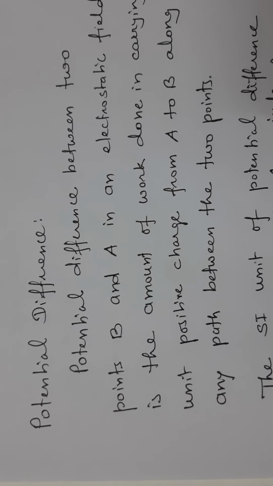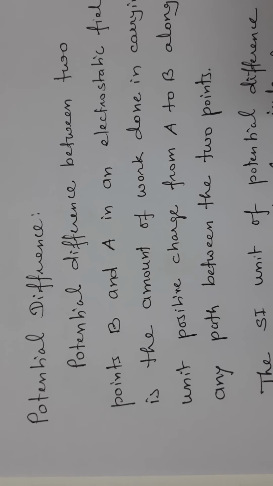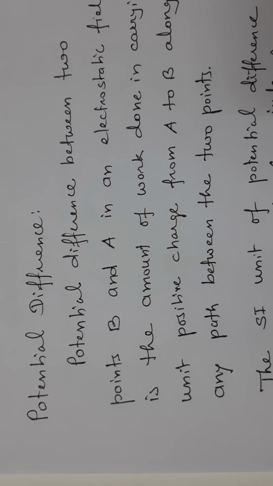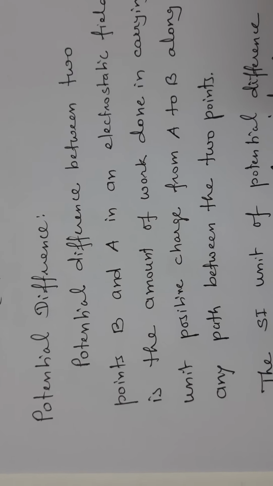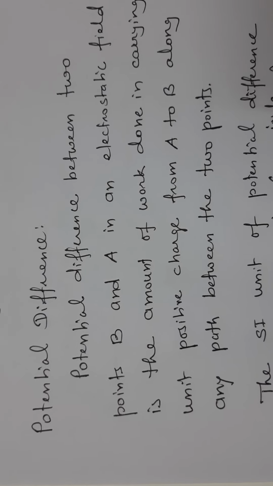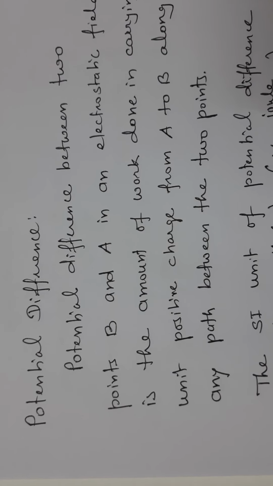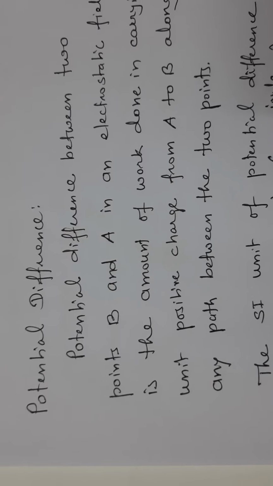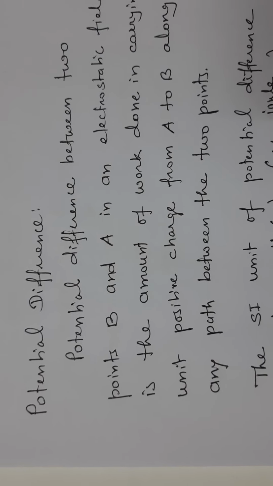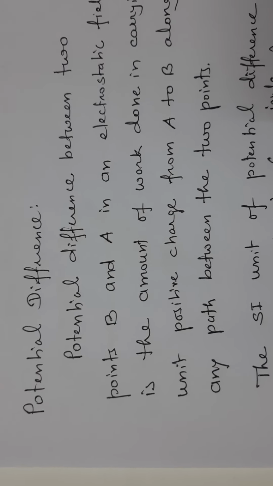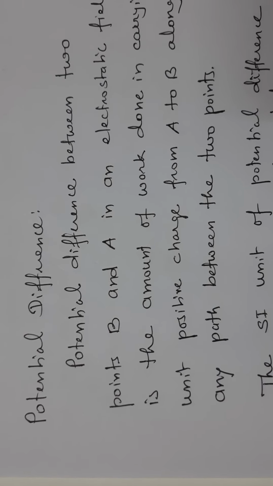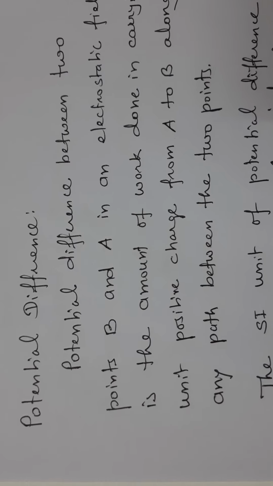Earlier we saw electrostatic potential at a point. Now we are talking about 2 points, and when 2 points come in the picture, we certainly talk about potential difference between the 2 points. Potential difference between 2 points B and A in an electrostatic field is the amount of work done in carrying a unit positive charge from A to B along any path.